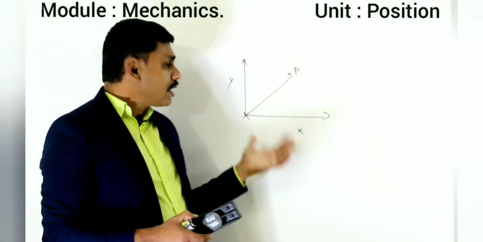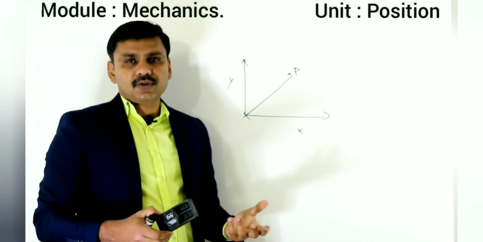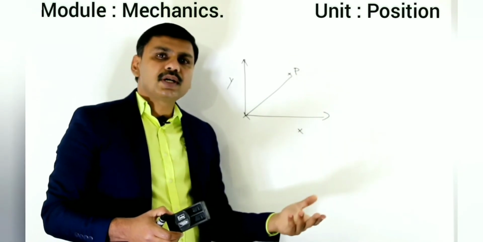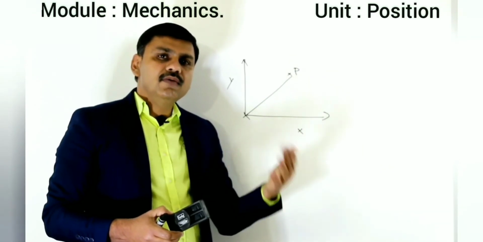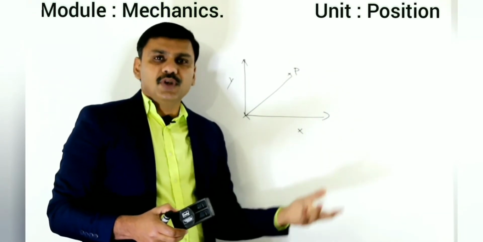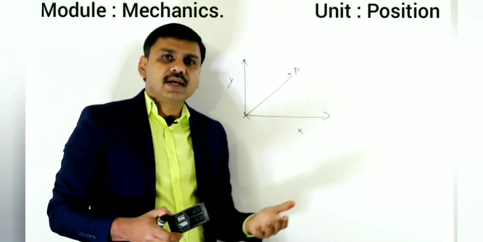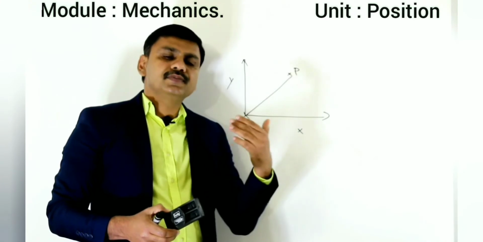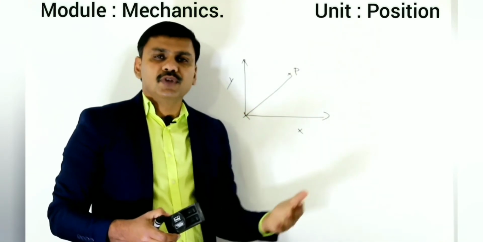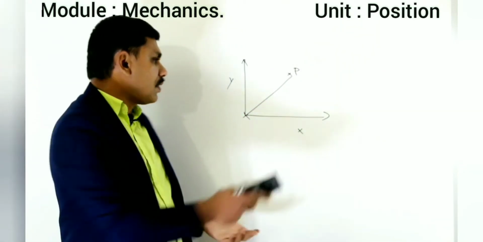So these are described by the frame of reference. Frame of reference is very important when we deal with the motion of the object. In all cases, when we explain the position of the object or the motion of the object, we are using frame of reference.